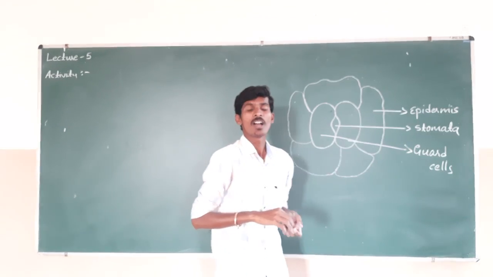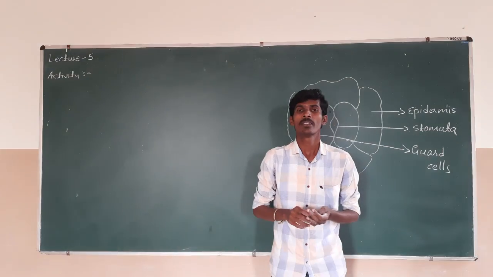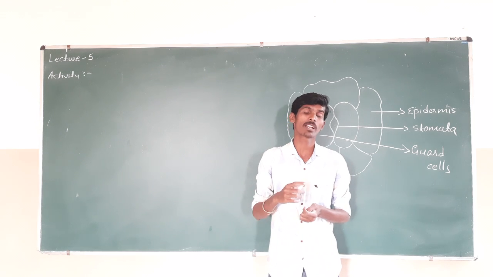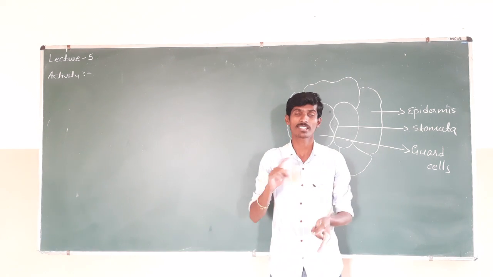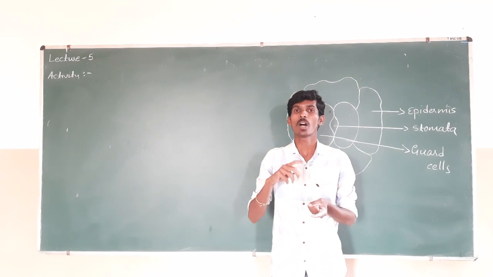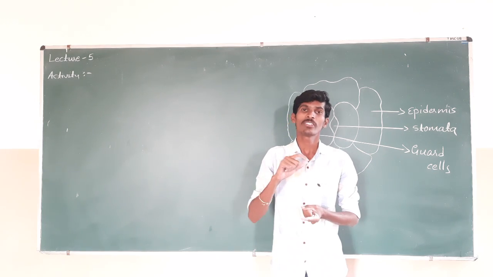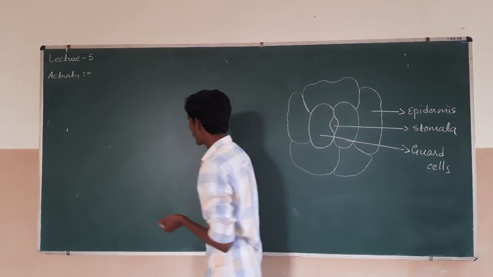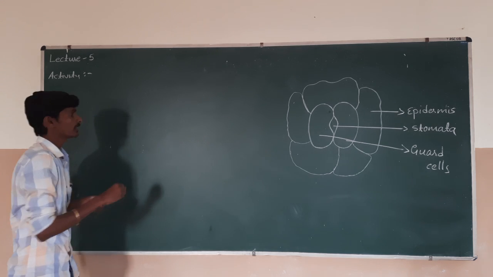Is the outer layer of a tree different from the outer layer of the branches? Is there any difference between the outer layer of the tree and the outer layer of a young stem? Okay, yes, a difference takes place.